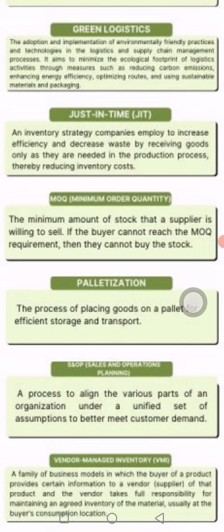Basically it is a business model in which the buyer of a product provides information to a vendor or supplier of that product. For example, the buyer provides demand forecasting to the supplier, and the vendor takes full responsibility for maintaining an agreed inventory of the material, usually at the buyer's consumption location. It is mostly used when the buyer has too much demand and the distance from the suppliers is large.